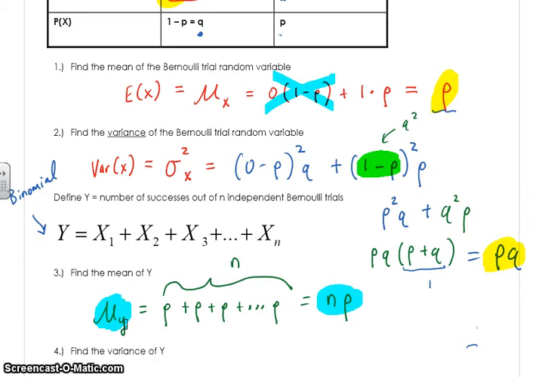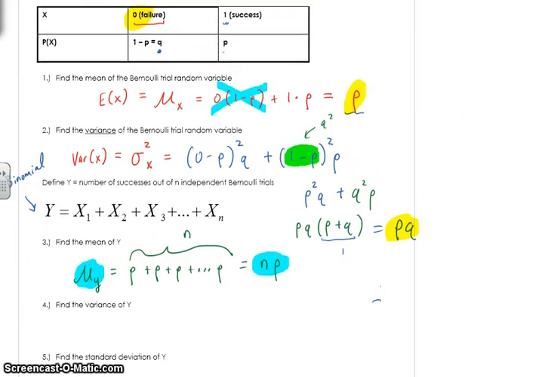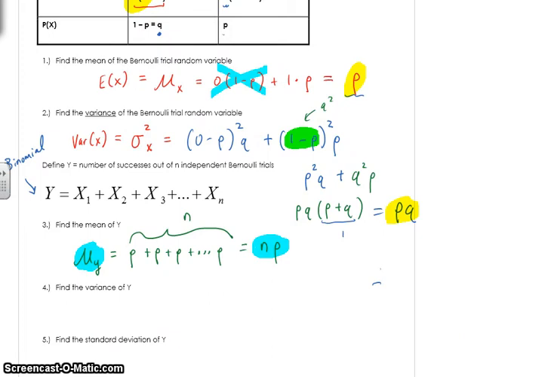All right, so now let's find the variance of this binomial random variable. Okay, so we're finding the variance. We're going to add the variances, right?